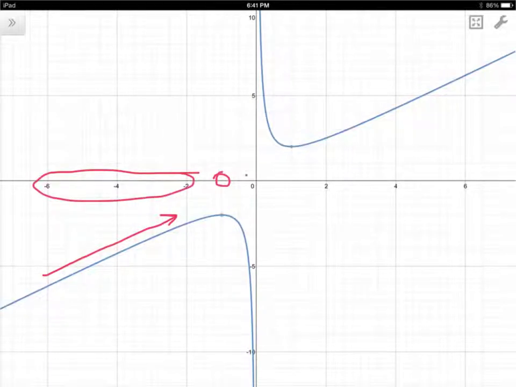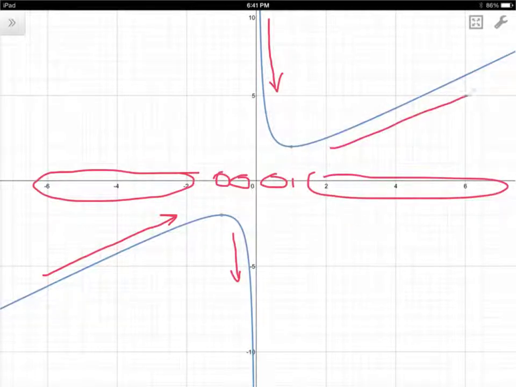But then notice in here, we're decreasing just between -1 and 0. Then there's that asymptote I talked about, and the function continues to decrease, but from the top of the number line instead of the bottom. So in here between 0 and 1, we're still decreasing. And then finally from 1 all the way to infinity, the function's increasing again.